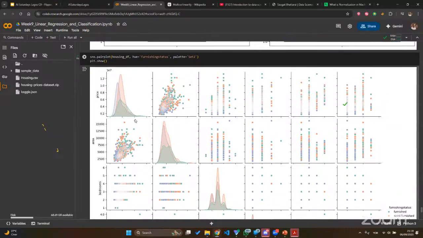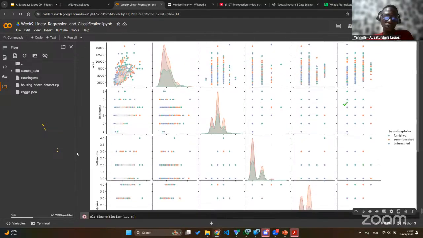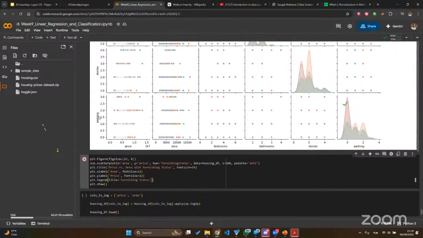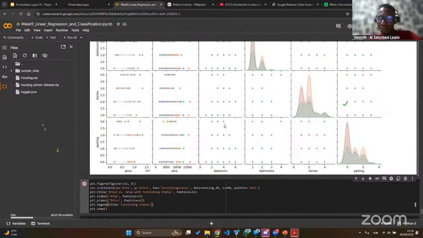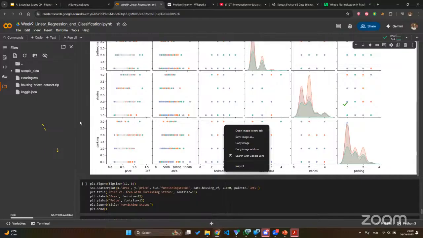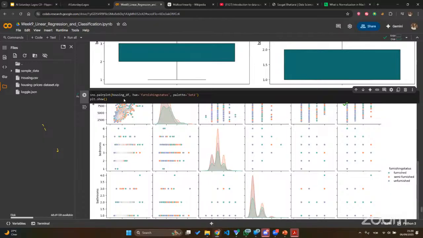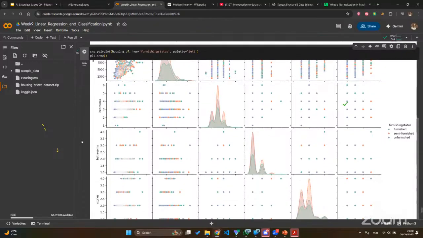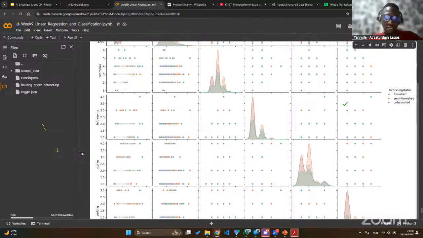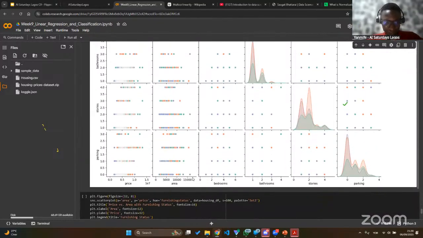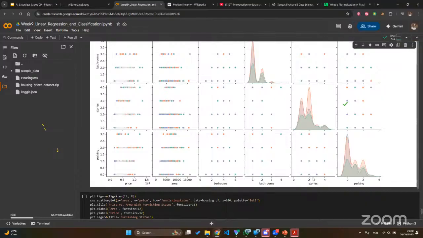It's similar to a heat map, but instead of showing the values, we are showing the charts themselves. We are showing different charts. This is called pair plots. It takes all the numerical data and shows it individually, one after the other. This is parking, right?